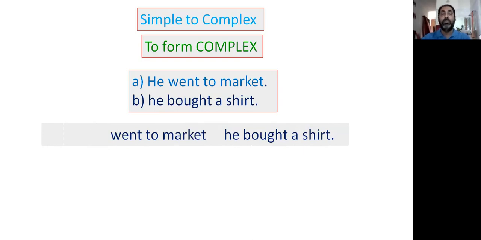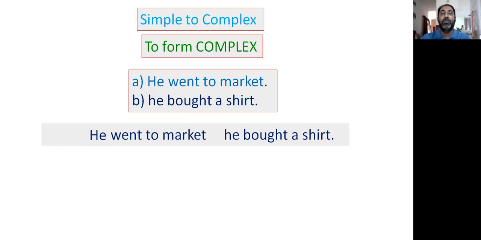There is no conjunction, but there are two finite verbs. In a sentence, there will not be two or more finite verbs. Whenever you see two finite verbs, that means there are two clauses and there must be a conjunction, subordinating conjunction or coordinating conjunction.